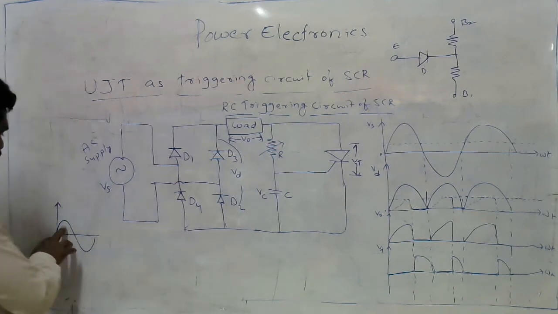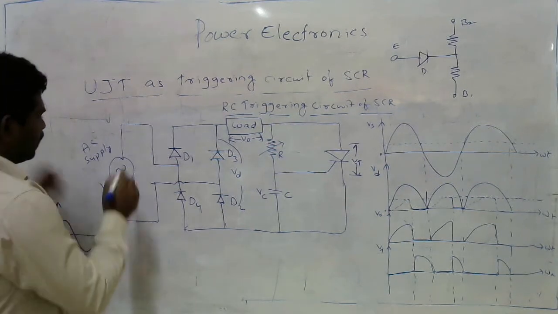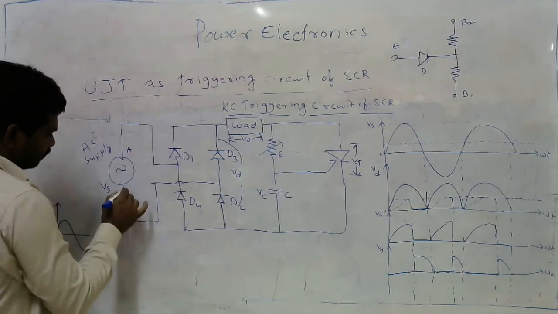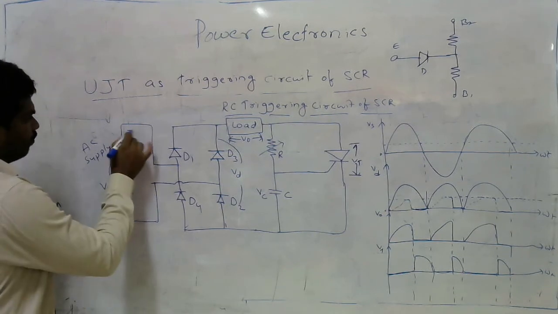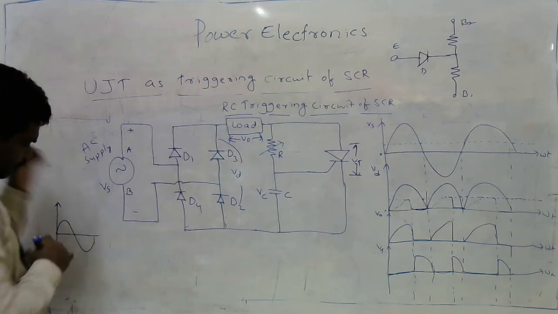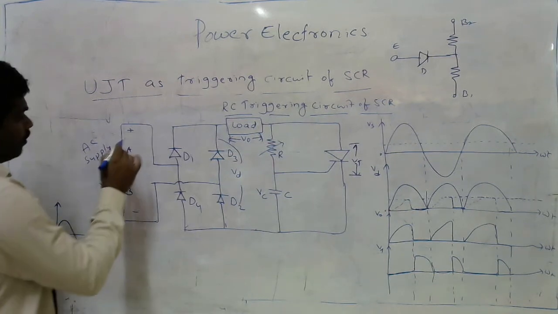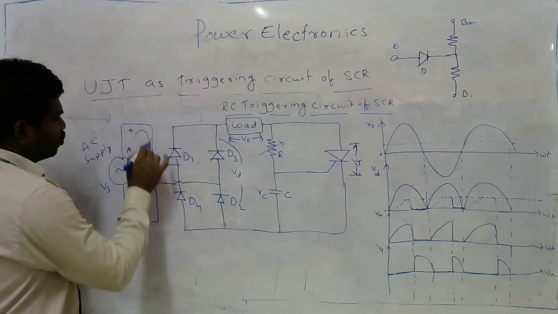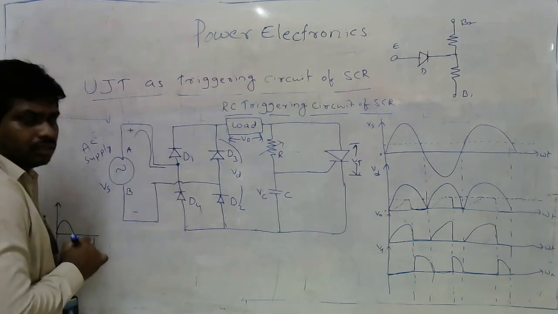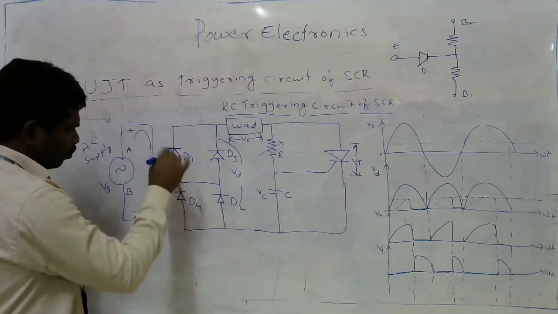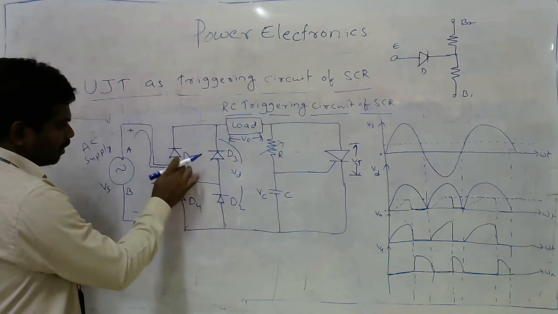See this, during the positive half cycle what happened? Let us say this is plus, this is A, this is B. In the positive half cycle, this will become plus, this will become minus. Then current is leaving from the positive terminal and entering into this node, and it is trying to move two ways because it is a node point.